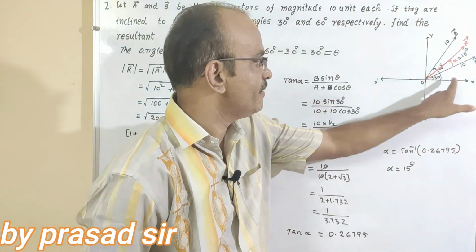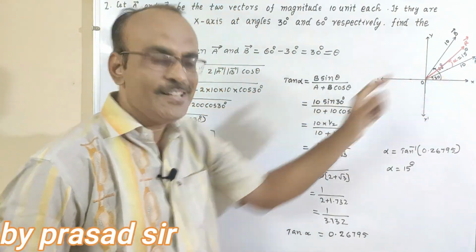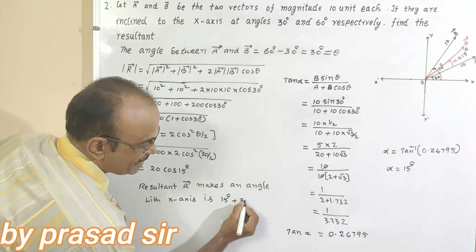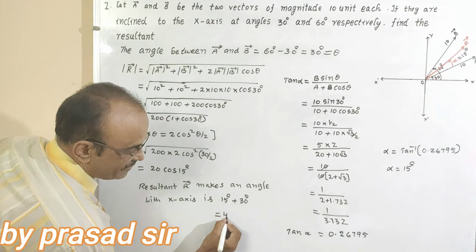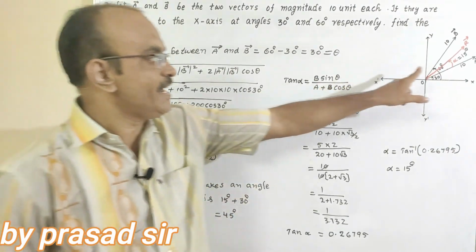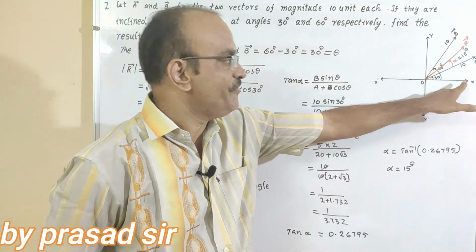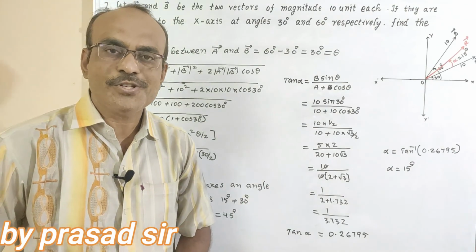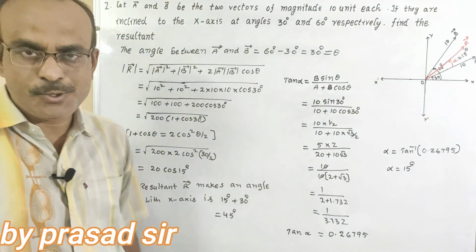This is 15, and what about this one? 30. So what is the answer here? 15 degrees plus 30 degrees. The final answer is 45 degrees. The resultant makes an angle of 45 degrees with the x-axis. This is the solution for question number 2.